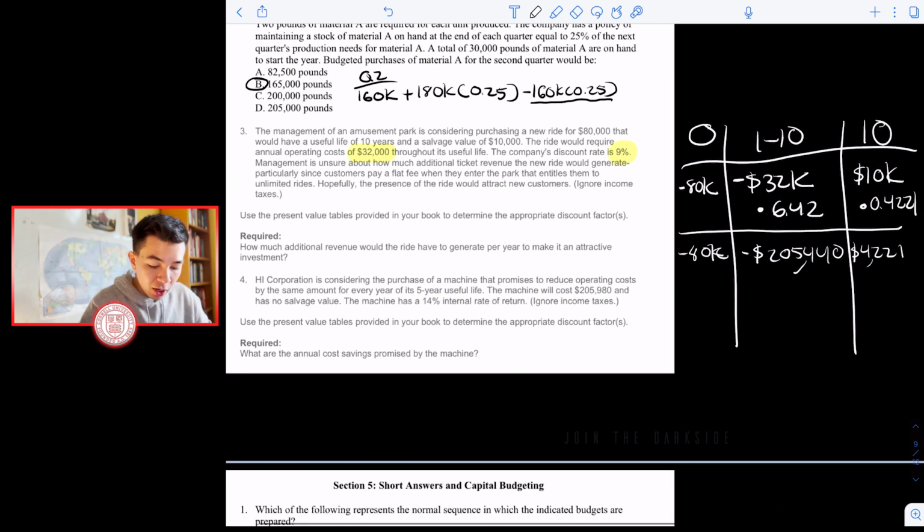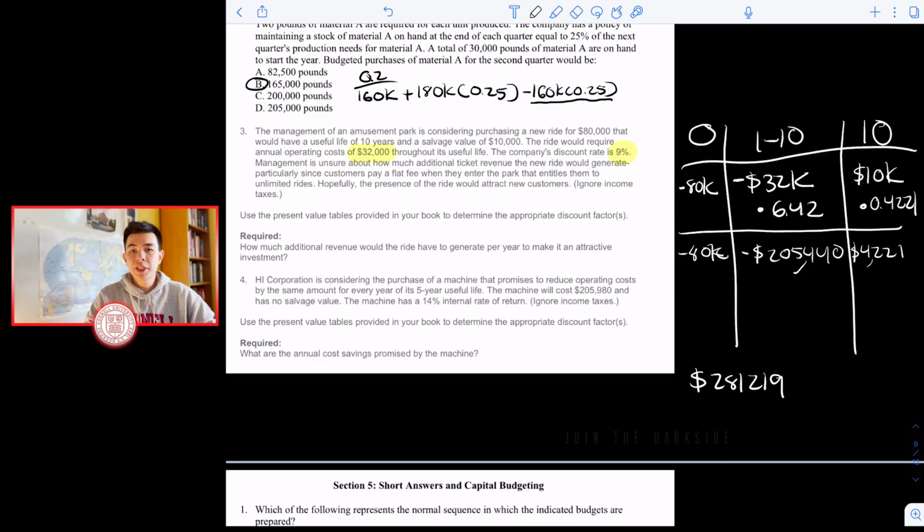So I'm gonna add these all up together. When I add those all up, I get a cost of 281,219.